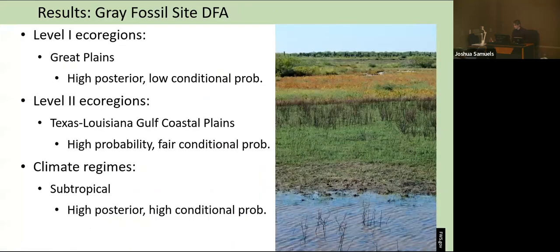However, this is a picture from the Texas, Louisiana Gulf Coastal Plains, and it doesn't really look like Tennessee. It doesn't look like the Gray fossil site. It's not a lot of trees, and it's not elevation. So apart from the aquatic environment, how the tortoises were living in the terrestrial environment is just a lot more speculative, I think.